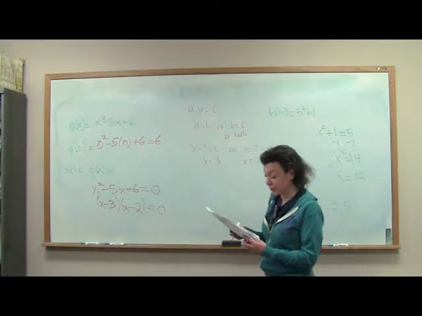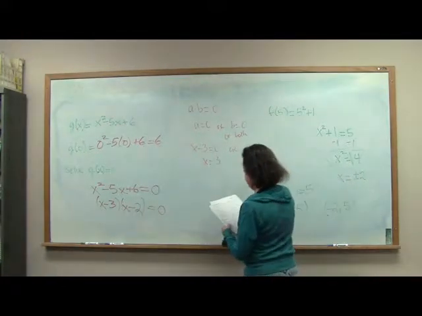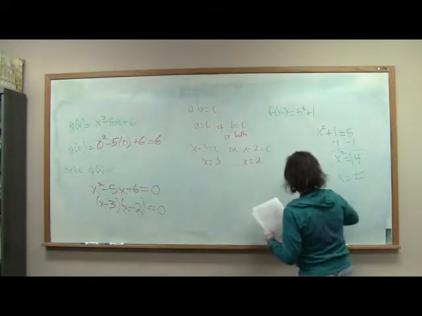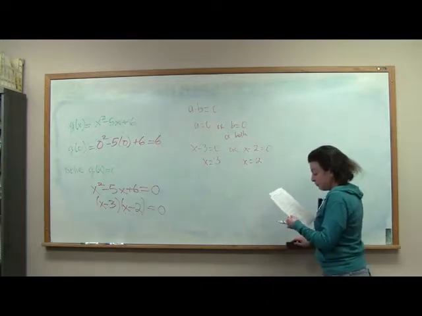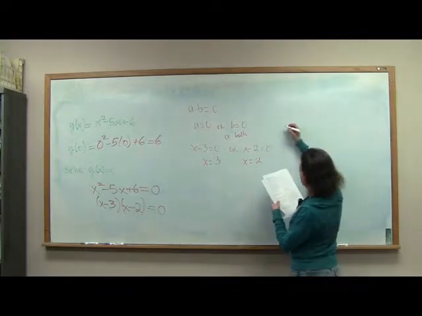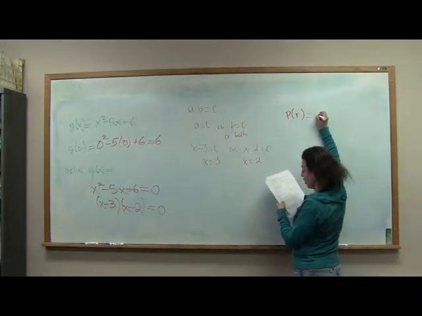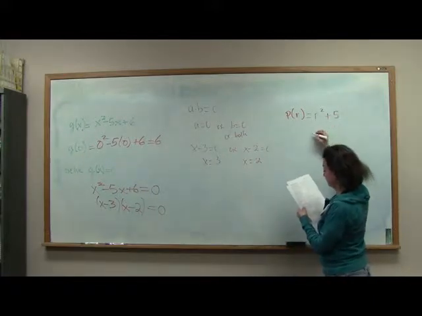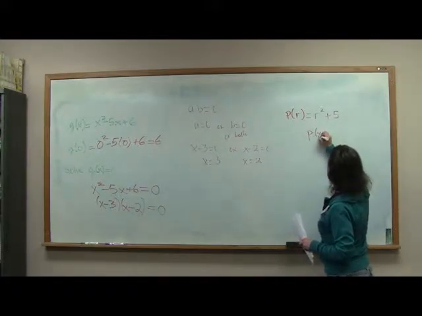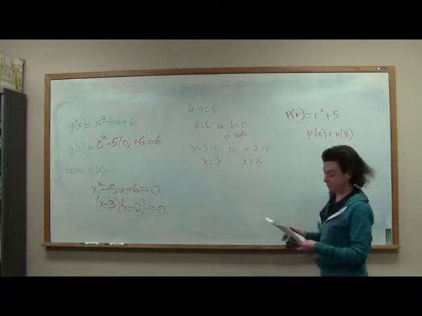Let's now go to another one. My next example is this. What if we're given that P of R is R squared plus 5? What we want to find is P of X plus P of 8.